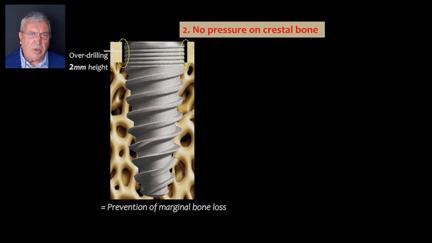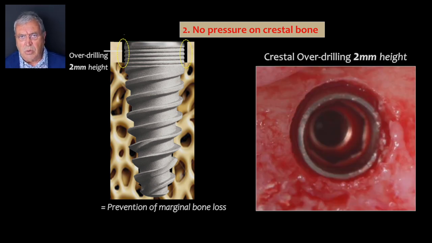We know that this space will be filled by blood clot. And we know which quality we will get around the implant in this situation. We will get the best quality of bone, a vital bone. Then around the implant, we replace the cortical by a vital bone.